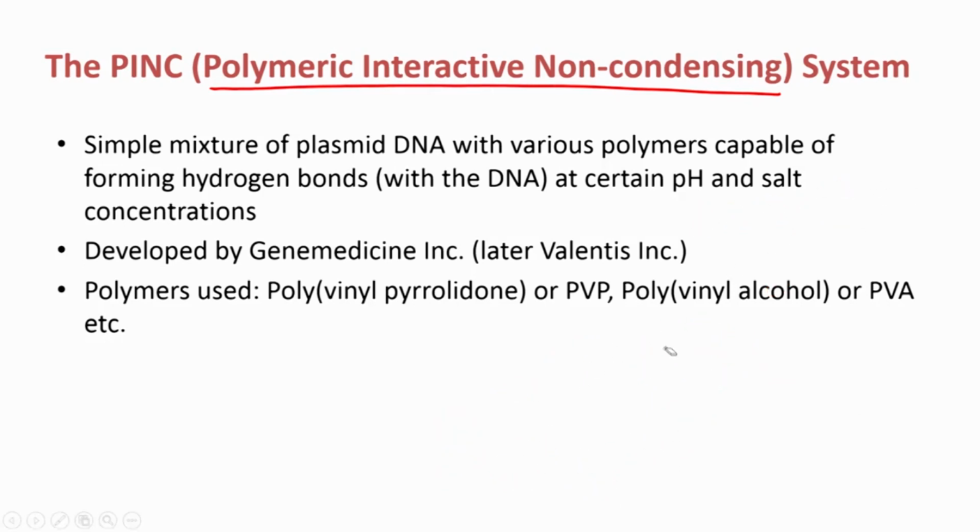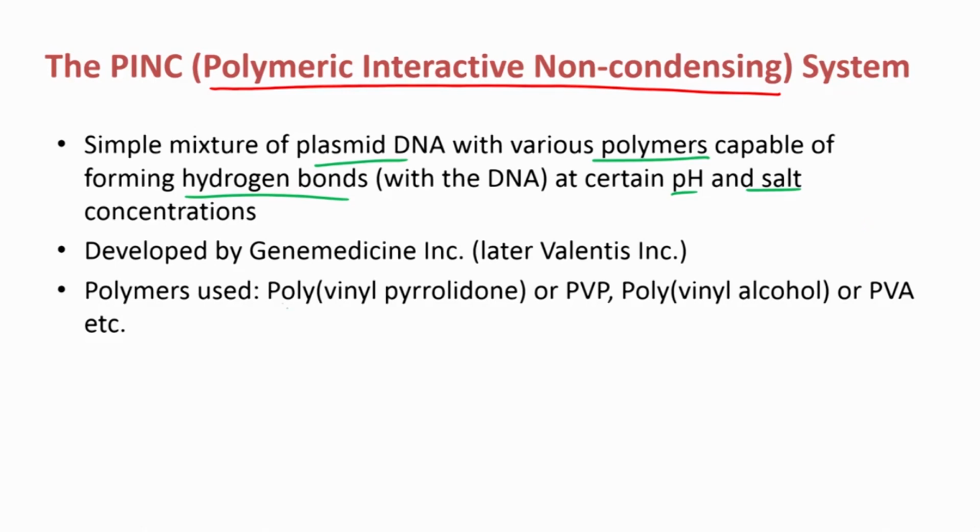It is just a simple mixture of your plasmid DNA with various PINC polymers, and these polymers are capable of forming hydrogen bonds. These are weak bonds at a certain pH and salt concentration, and as the pH and the salt concentration change, these hydrogen bonds will also cease to exist.